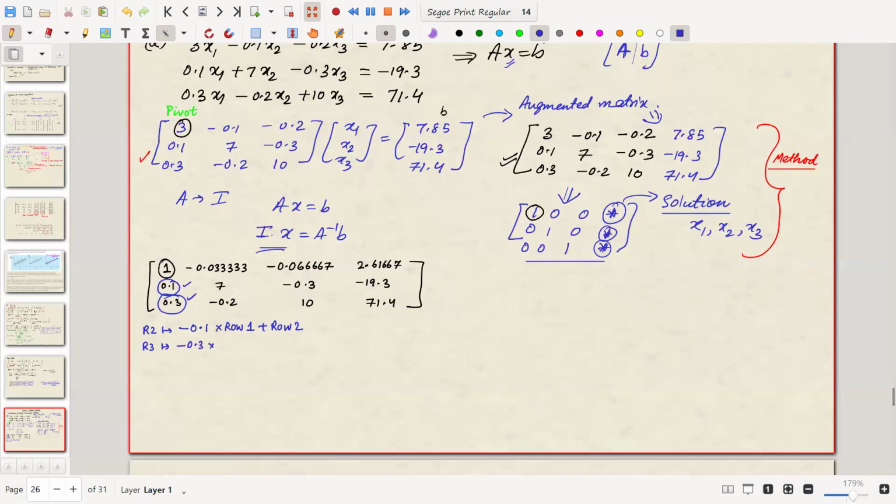Minus 0.3 into row 1 plus row 3. Do you think if you do the second operation, this one is going to 0? Are you able to see it? Now, if you do this operation, this matrix transforms to which matrix? Can you tell me?